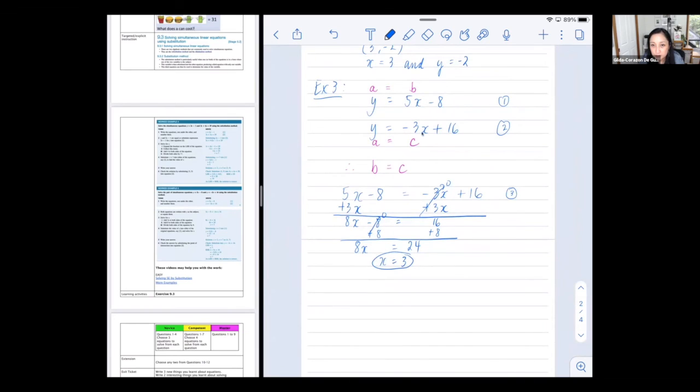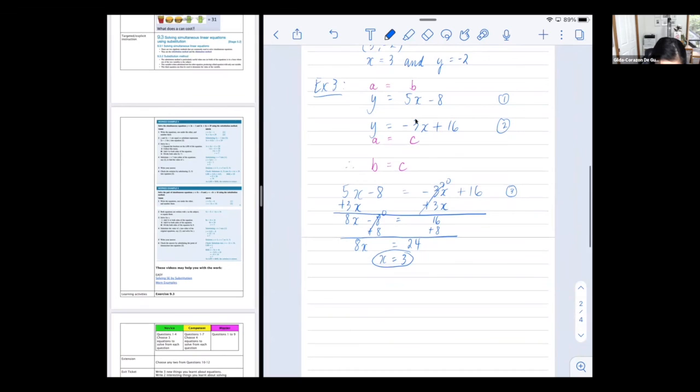But looking at this one, I would probably rather this one because then that's got a negative there, right? So then I'll pick the first equation, y equals 5 times 3 minus 8. That gives me y equals 15 minus 8, which now gives me y equals 7. And now writing my solution, that is 3, 7, or to make it clearer, I'd write x equals 3 and y equals 7.